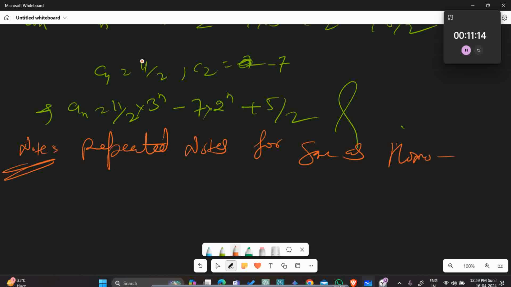If one root is equal to 1, then a n p is equal to d into n.